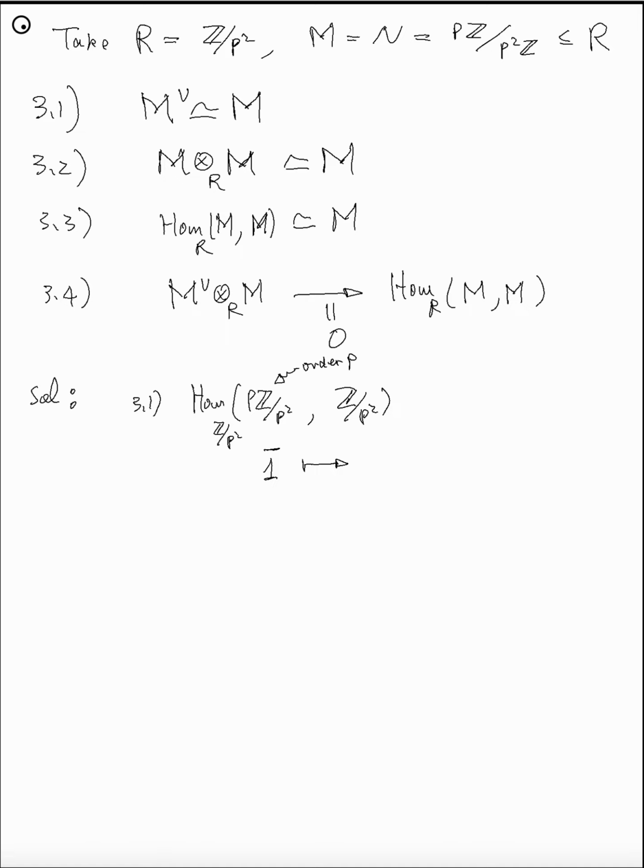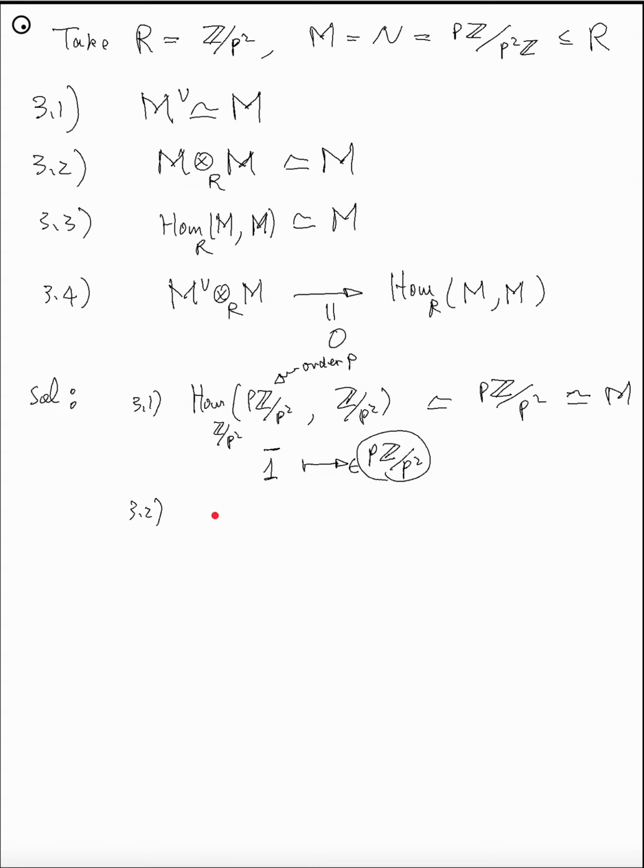So basically you can only map it to whatever other elements of order p. The other elements of order p are those killed by p, so you must map it to something here, right? And you can choose whatever element here. This is isomorphic to pZ. Well, pZ modulo p squared is isomorphic to itself.